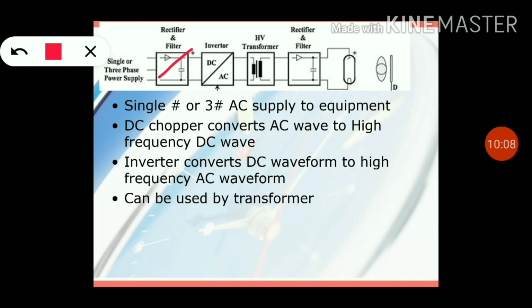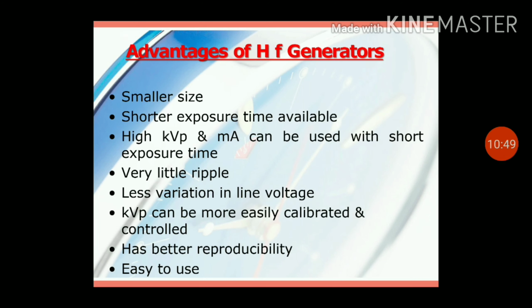The chopper will convert the AC wave to a high frequency DC wave, and the inverter will convert the DC waveform to a high frequency AC waveform, so it can be used by a transformer. Then the transformer provides a fixed high voltage with low current, and after rectification, filtration and smoothing it is fed into the X-ray tube.